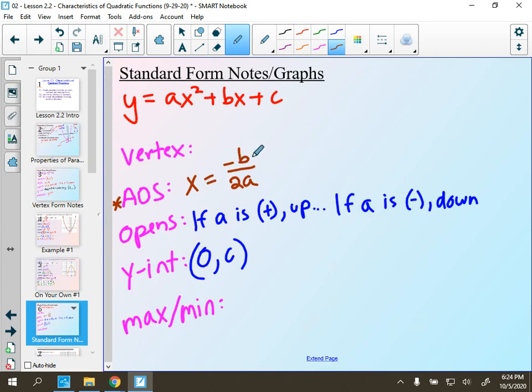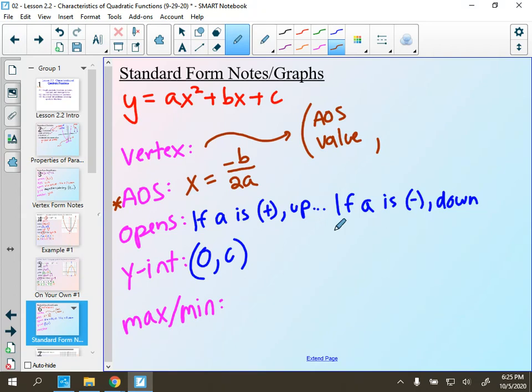From there, once I crunch that number, whatever it comes out to be, that value ends up being, just like before, the x-coordinate of your vertex. So it's kind of that double up. I had to do some work for the axis of symmetry, but that number it works out to is also the x-coordinate of the vertex.